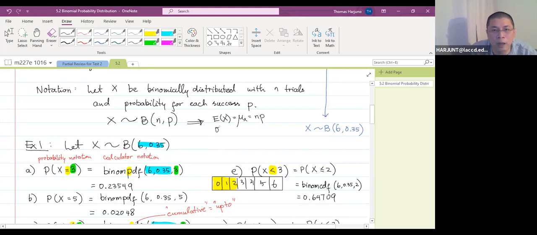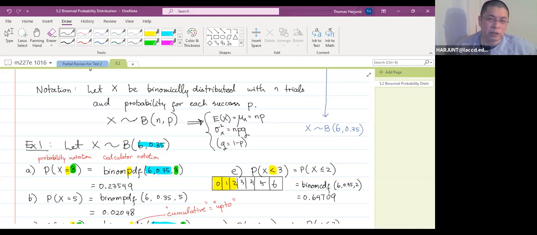And then the variance is NPQ, where Q is the probability of failure, 1 minus P. You need to memorize this. The mean is N times P. The variance is NPQ.